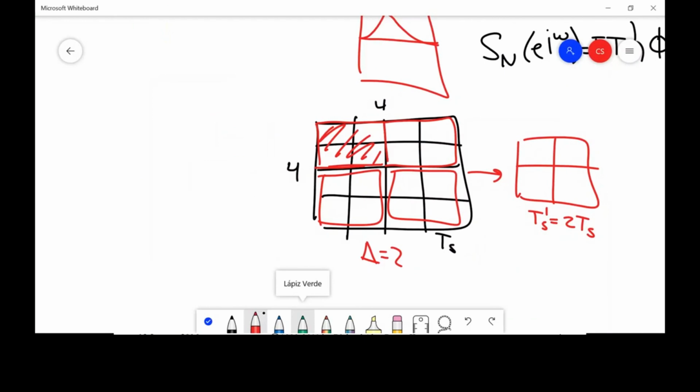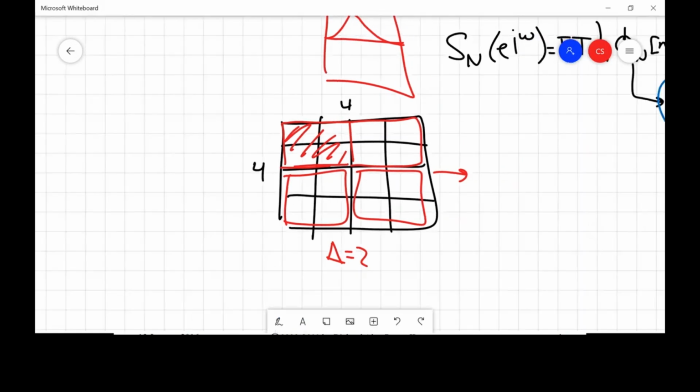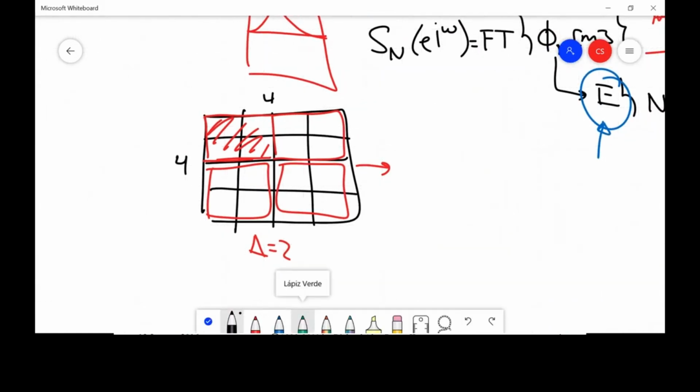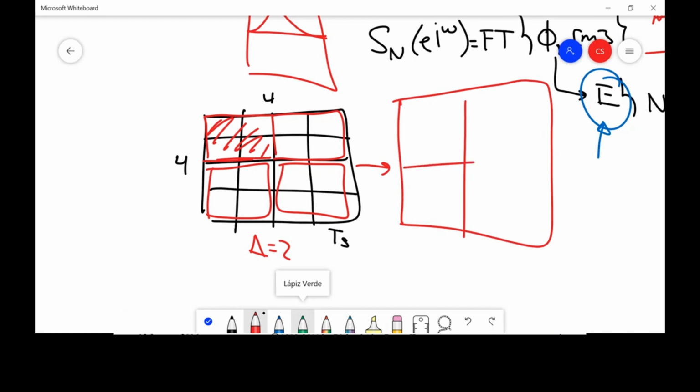Actually, I think a better representation would have been like this: it is of the same size as the original, but now TS prime is 2 TS.